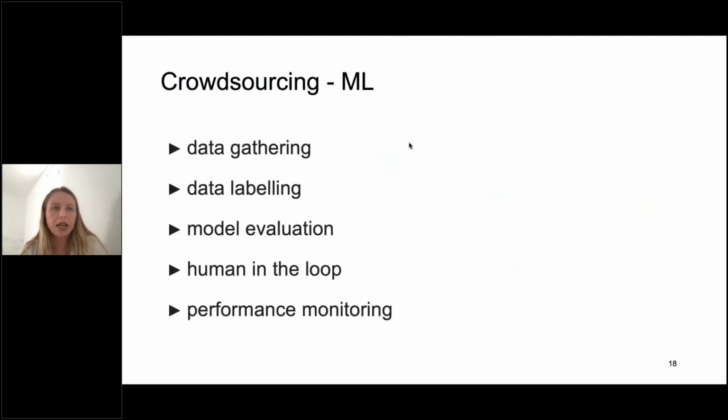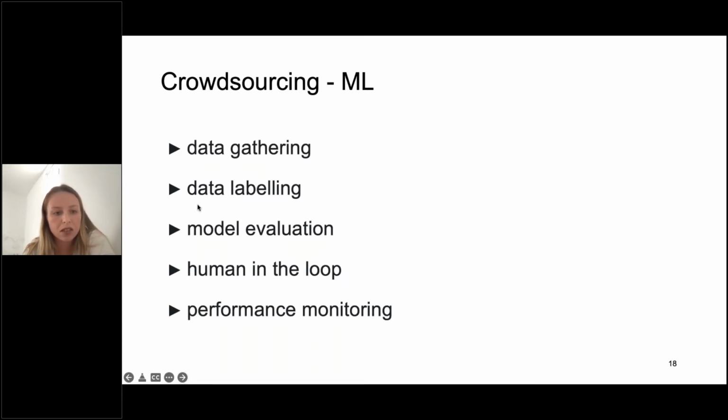And how could crowdsourcing be used in machine learning? I just wanted to point out here that it's not only data labeling, but it could actually be used for many steps. It could be used for data gathering. For example, if you want to train a computer vision algorithm to recognize faces, you can ask people to basically take selfies and gather them.